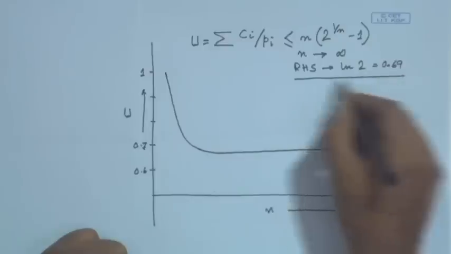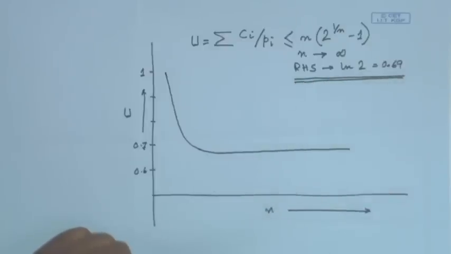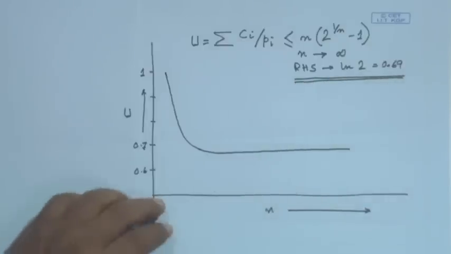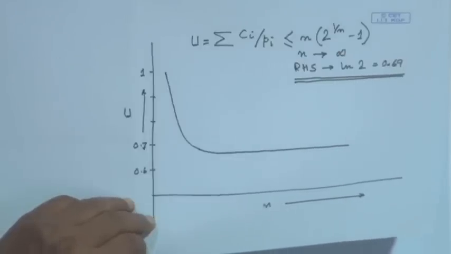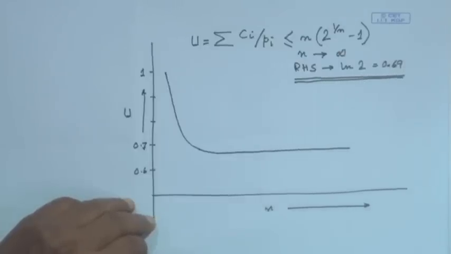So, if it be below 70%, we can certainly schedule it. Okay. That is under rate monotonic scheduling. Even beyond that, it depends on the idiosyncrasies of the tasks. Okay. In the following lecture, we will continue with another scheduling algorithm, that is the earliest deadline first.